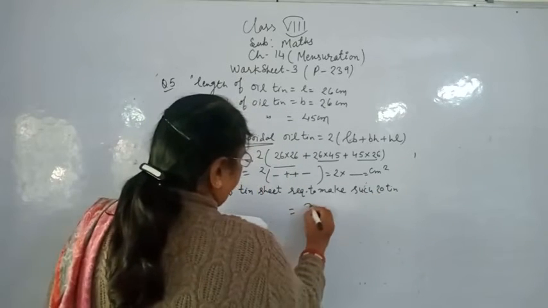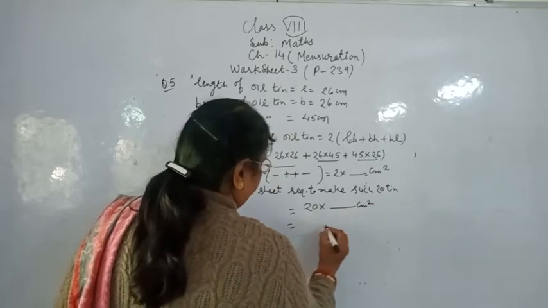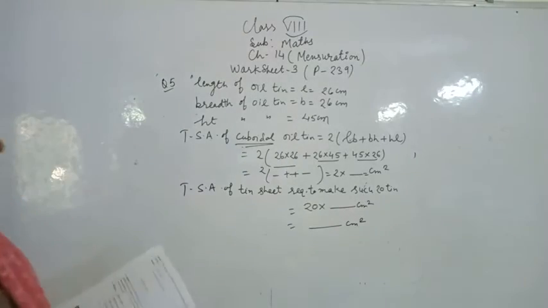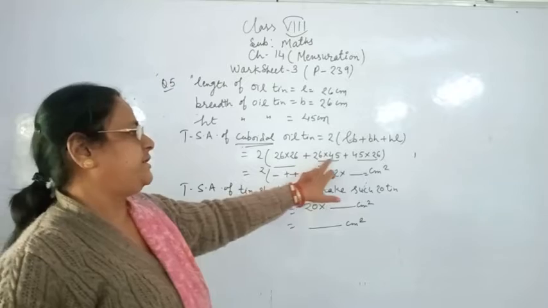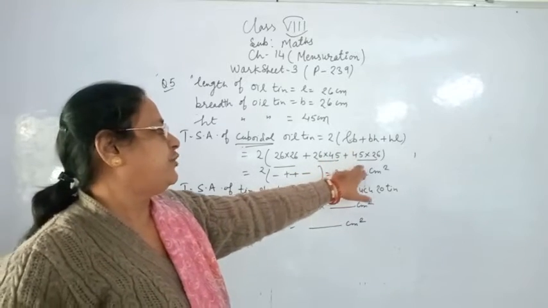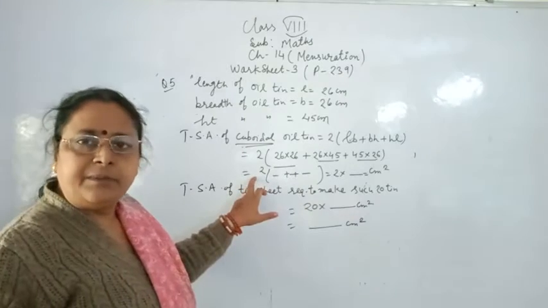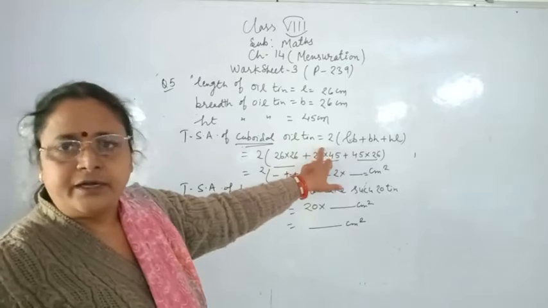The answer you will multiply by 20, in centimeter square. First of all you will multiply 26 into 26 plus 26 into 45 plus 45 into 26, and again multiply by 2 to get the total surface area of the cuboidal tin.